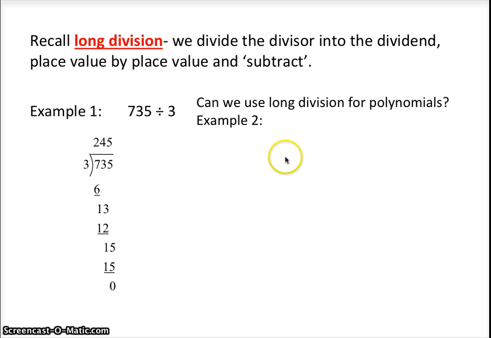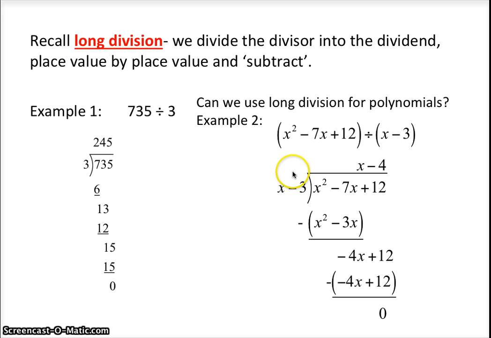But can we use long division for polynomials? Let's try one of the original problems. X squared minus 7x plus 12 divided by x minus 3. We set it up the exact same way. Our dividend goes underneath the division symbol and our divisor goes outside the division symbol. And we're thinking, what do we multiply?